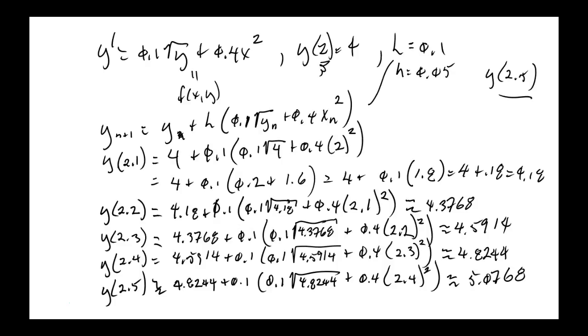If you set 0.001 as your limit, and when your y of 2.5 with an h of some value, and the next one you get is no more than 0.001 different from what you had before, say stop. I'm convinced that's close enough. Okay, and that's typically how you run these things.